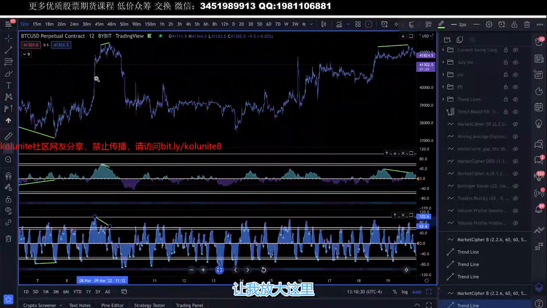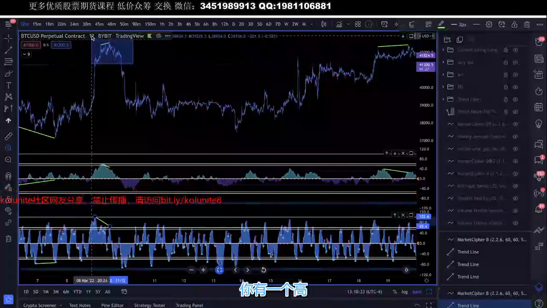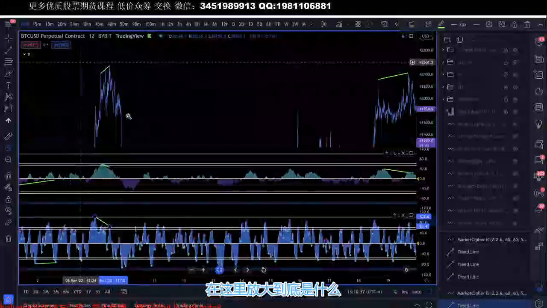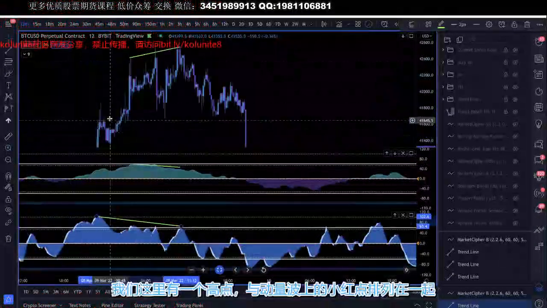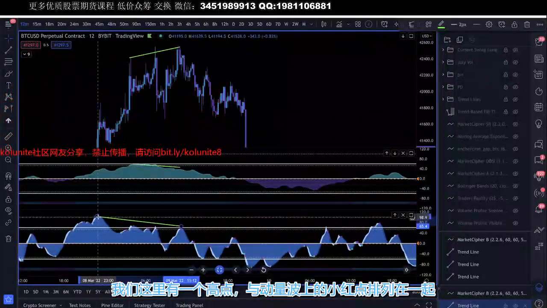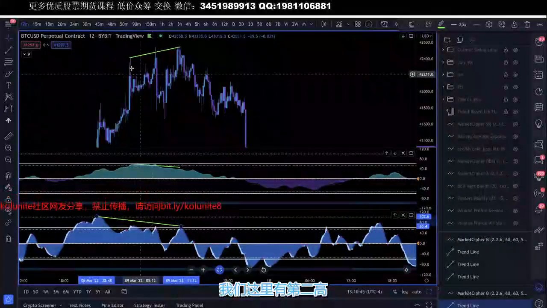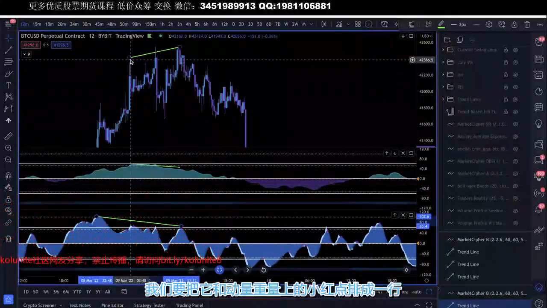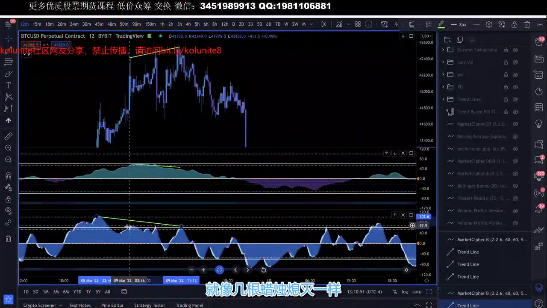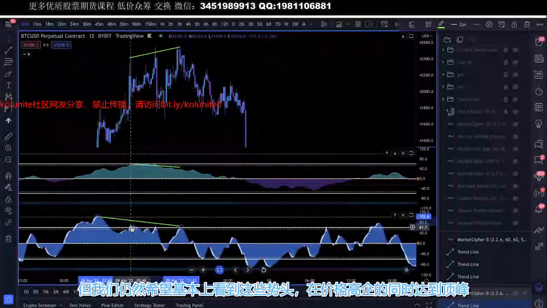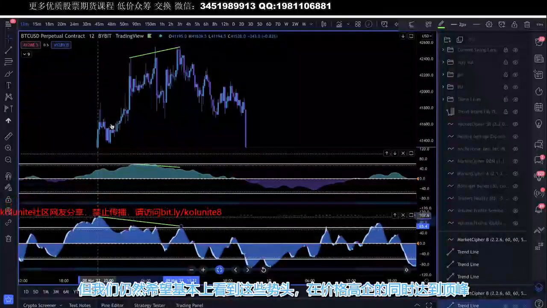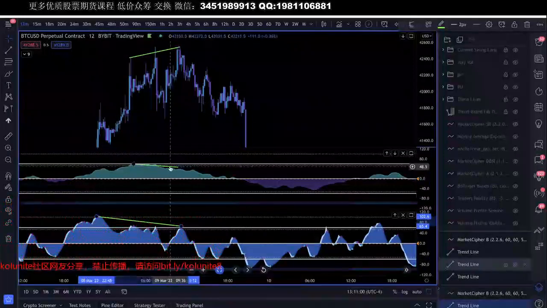Let me zoom in right here. We have a high right here. We're lining up this high with the red dot on the momentum wave. We have this second high right here. We're going to be lining this up with the red dot on the momentum wave. It can be like a few candles off, but we still want to basically see these momentum waves topping out at the same time as the price is putting in a high.